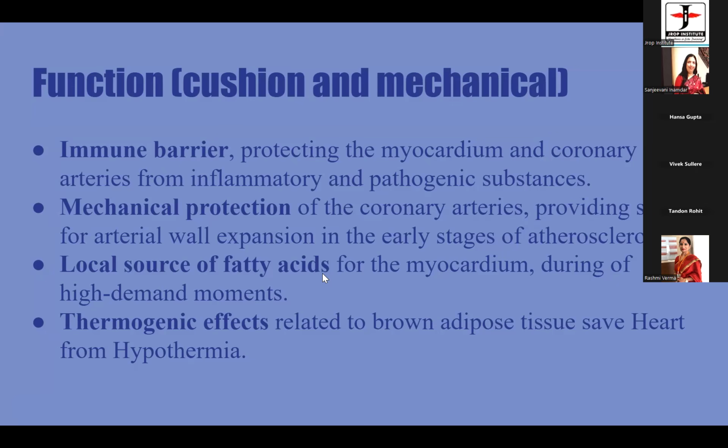It is a local source of fatty acids for the myocardium during high demands of movements. It has thermogenic effects related to brown adipose tissue, saving the heart from hypothermia. It acts as an immune barrier, protecting the myocardium and coronary arteries from inflammatory and pathogenic substances.